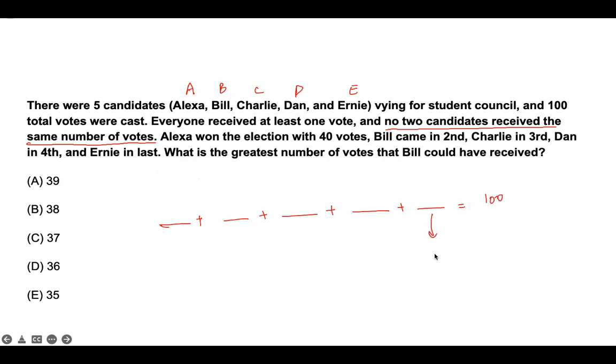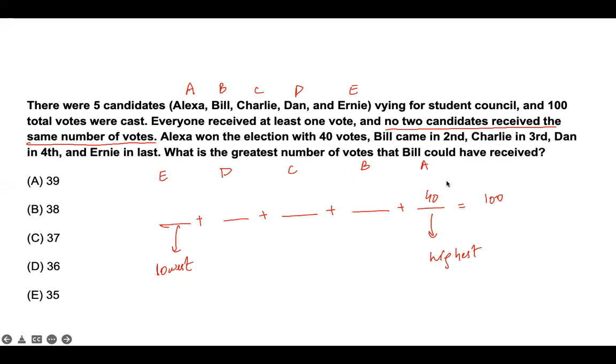Let's call this the highest number and this the lowest number. And based on the condition, Alexa got the highest number of votes, which is 40. So that's A, B, C, D, and E.